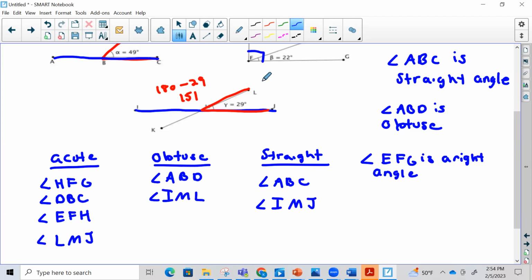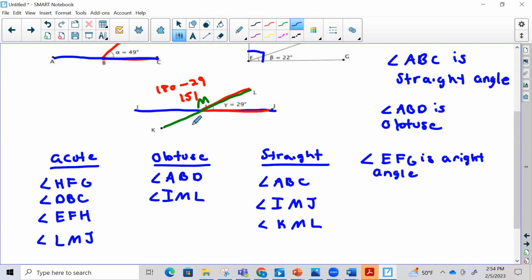And then we can kind of see that we also have this straight line here. Okay, and remember this point is M. So we also have that straight angle, which would be 180 degrees, so KML.